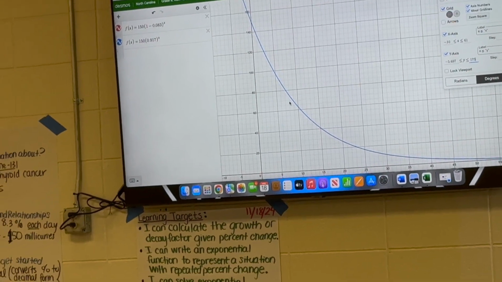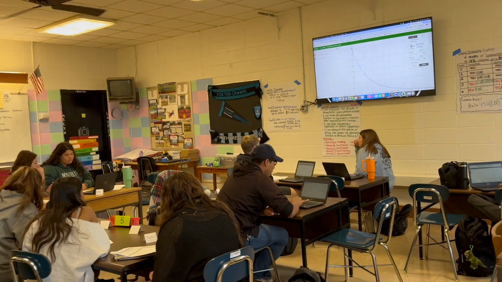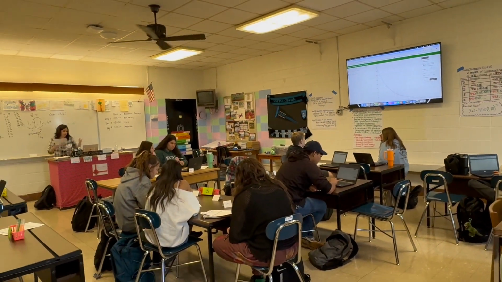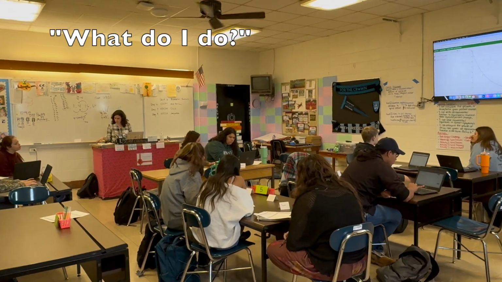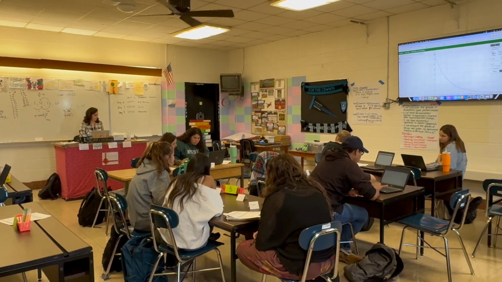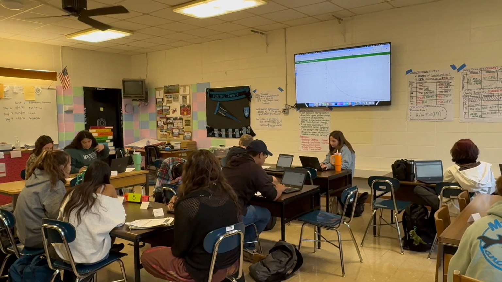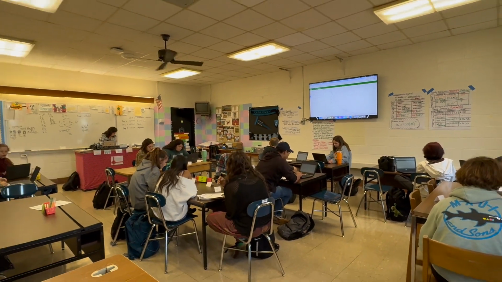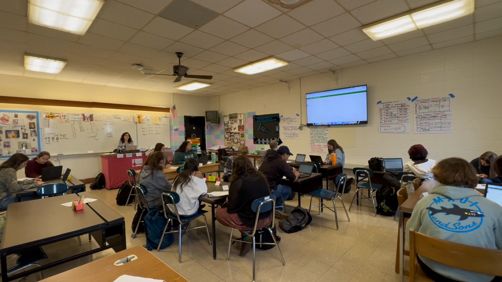Okay, so the first question was, after how many days will there be 100 millicuries of iodine 131? I saw some horizontal lines being plotted. What was that horizontal line y'all plotted? Modeled it earlier in the last problem. Y equals what? After how many days will there be 100 millicuries of iodine?